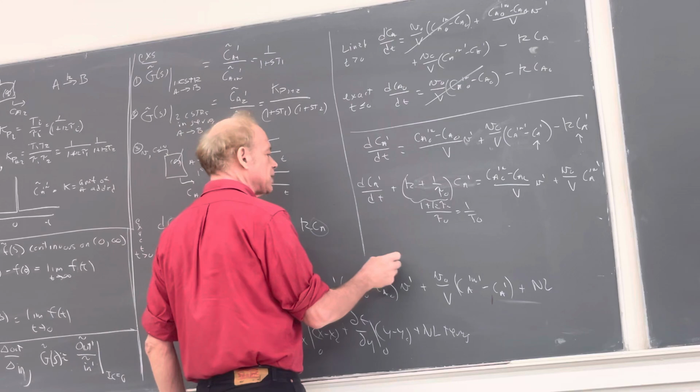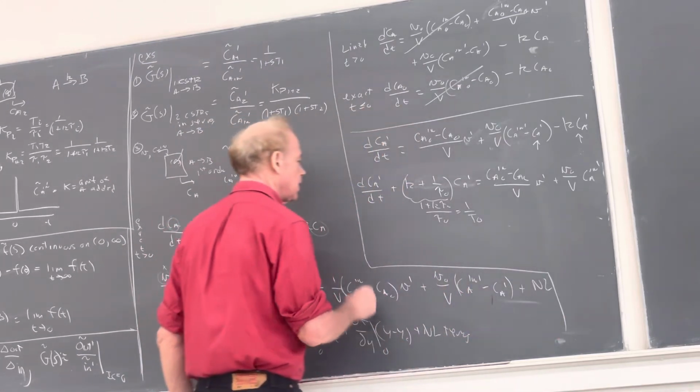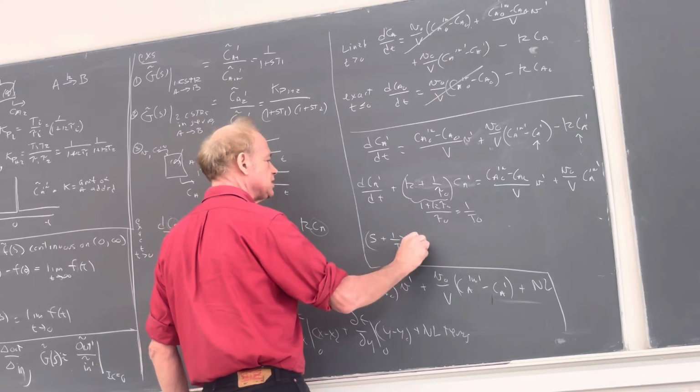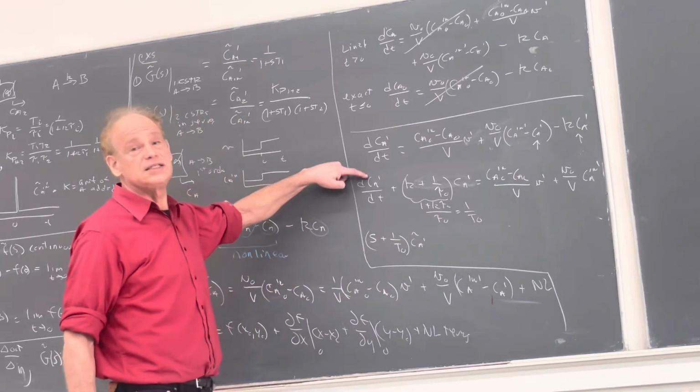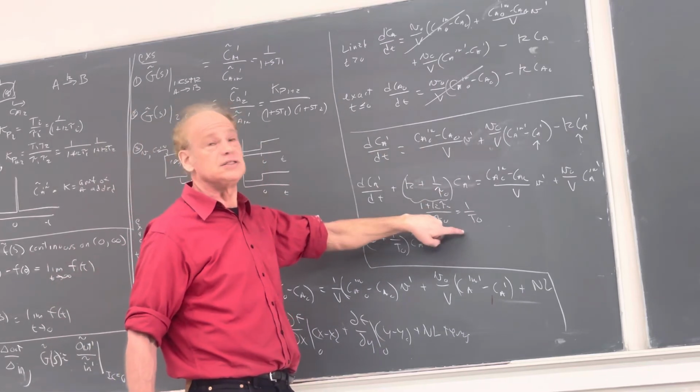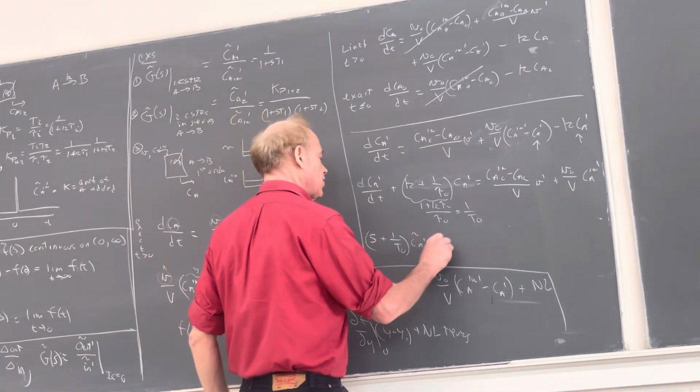And now I Laplace transform. And I have s plus 1 over tau0 times CA prime tilde, because this gives me s CA prime tilde, and this gives me CA prime tilde over tau0.